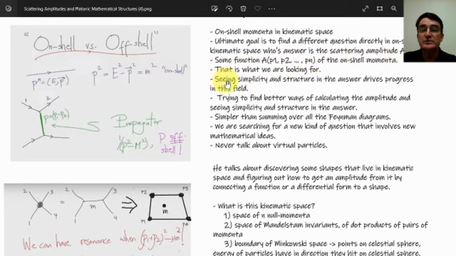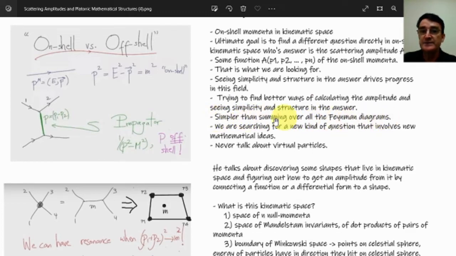He is also looking to see simplicity and structure in the answer, and that drives progress in this field. So trying to find better ways of calculating the amplitude and seeing simplicity and structure in the answer, simpler than summing over all Feynman diagrams.